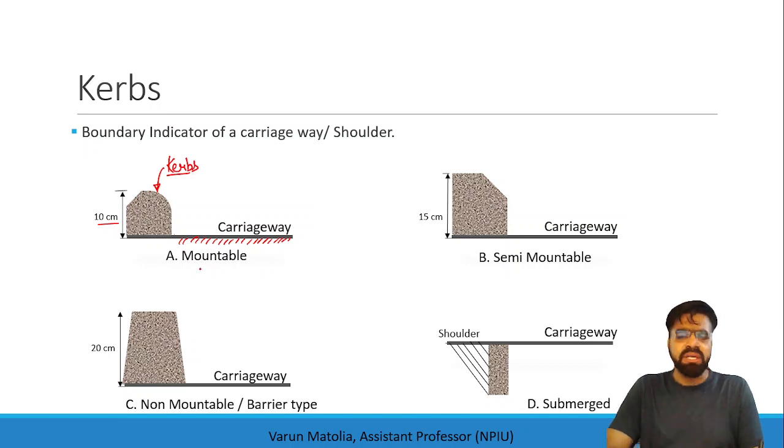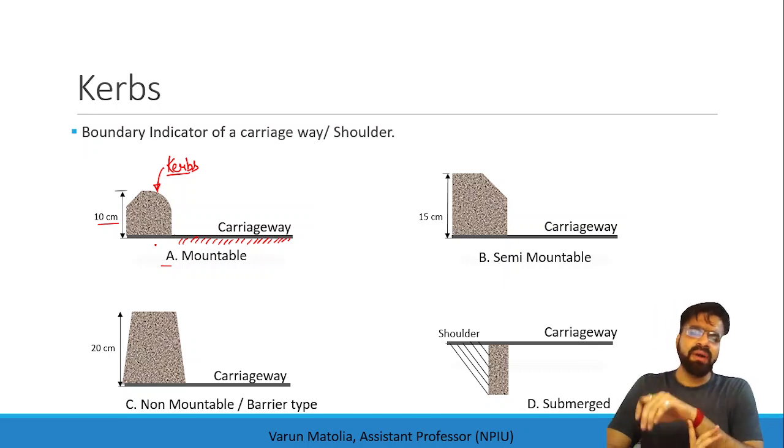Curbs are of 4 types. First one is mountable curb. Mountable means we can mount over it, we can take our vehicle over it. These curbs are provided where we can allow vehicles, generally two-wheelers, to mount them in case of emergency.